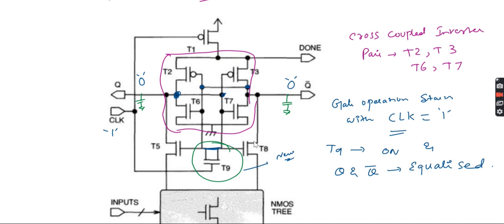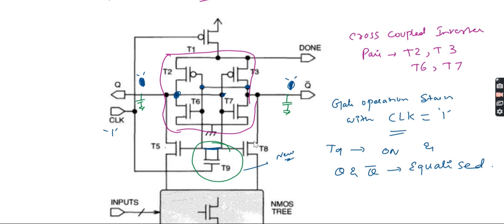So in addition, it will cause us to have T5, T6. Sorry, clock is equal to 1, better to make it 1, because initially we said 0. Later, when clock is equal to 1, then Q and Q bar will be equalized with 1 actually.